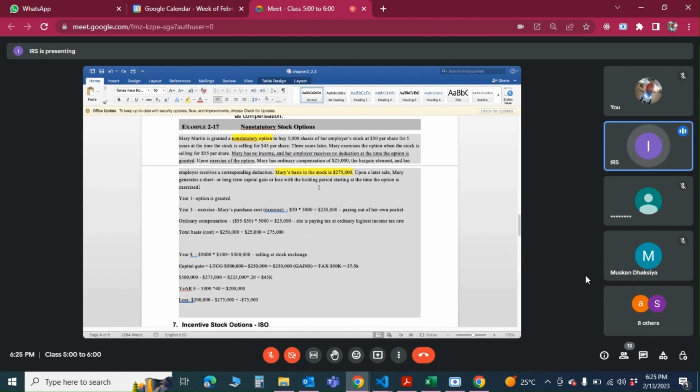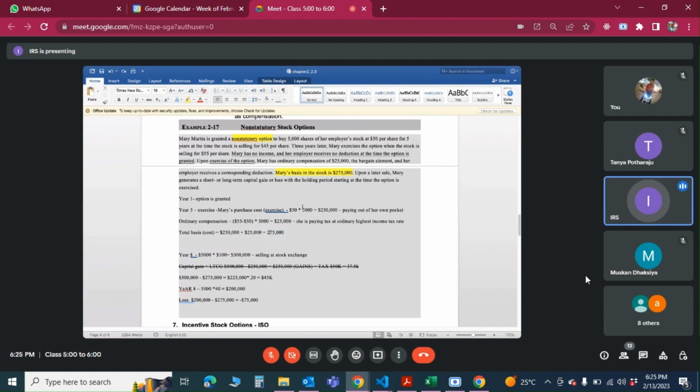Now, Tanya, what will be her cost basis? 275,000. Exactly. Her basis is 275,000 because she's paying this much from her pocket, and this much is what she has earned and paid taxes on. So she has put in a total cost of 275,000.